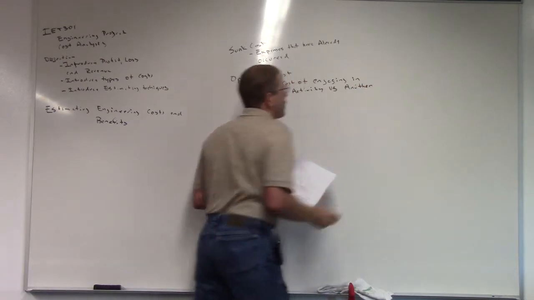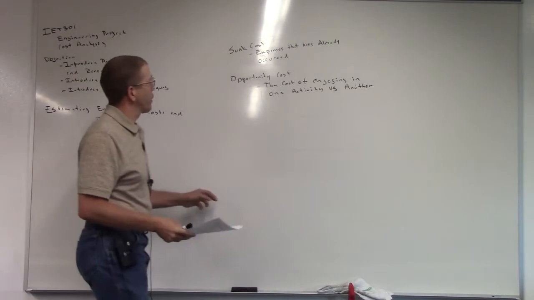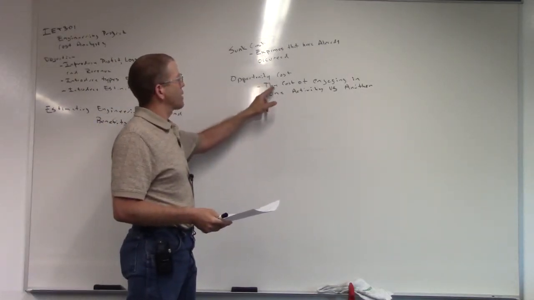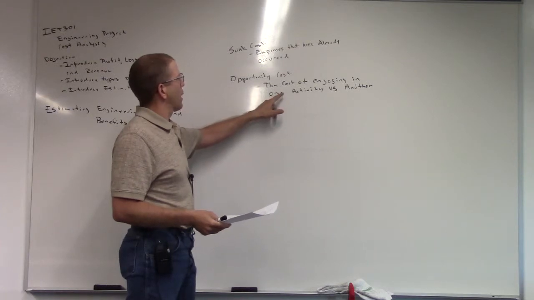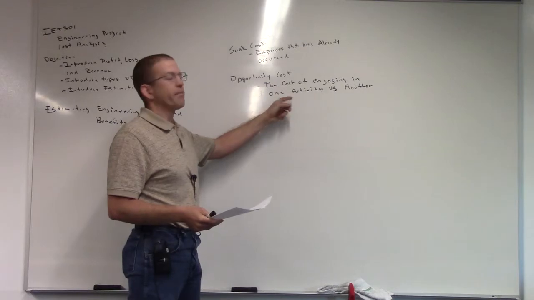Ideally, what we'd want to do is make sure that we're always engaging in the most lucrative activity. However, if we have two activities, we can go through and analyze the opportunity cost of choosing one activity over the other.